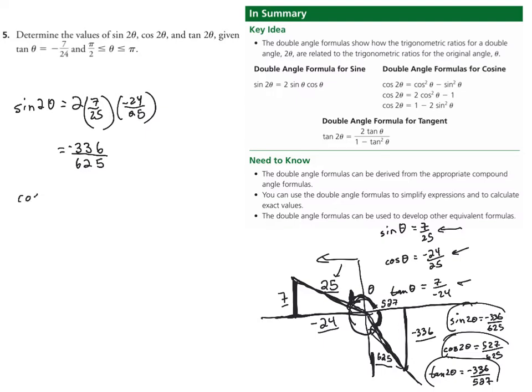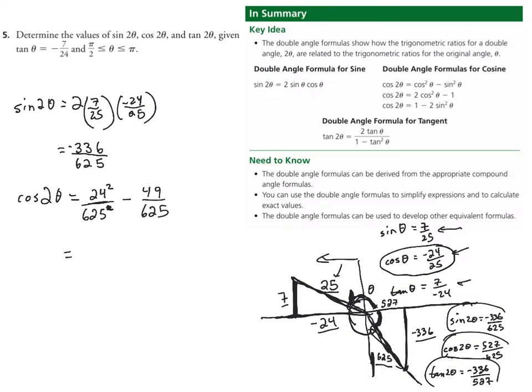So cos of 2 theta is equal to, I don't know, let's use the first one. Cos squared of theta. So cos theta is negative 24 over 25, so it's going to be negative 24 squared, which is the same as 24 squared, over 25 squared, minus sine squared theta, so 7 squared, I know that's 49. 25 squared I also know is 625.